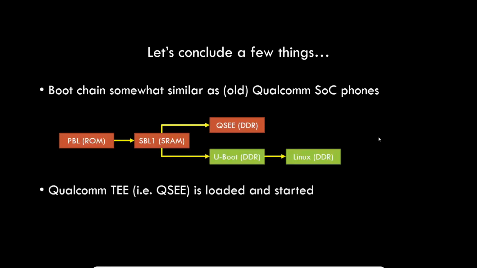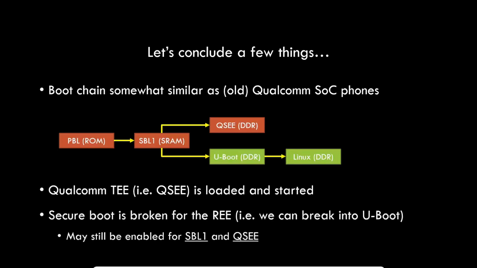We know that Qualcomm TE is loaded and started. We already saw that in the previous screenshot. We know also that secure boot is broken for RE. So basically, if you can break into U-boot, you can always change the code executed from here, which does not mean that you are able to compromise the boot chain, which is verified or can be verified from QSEE.